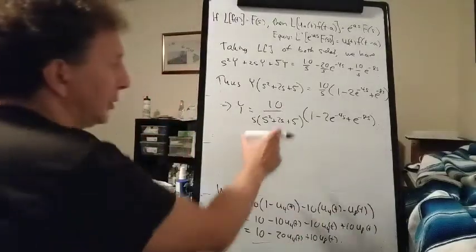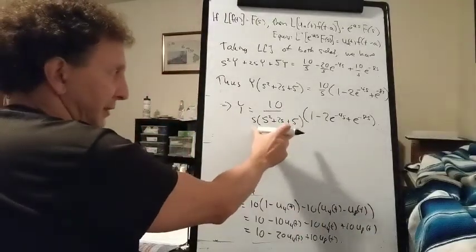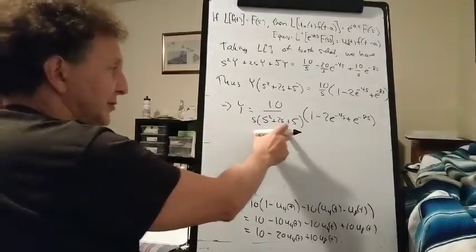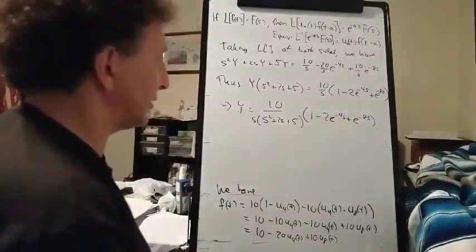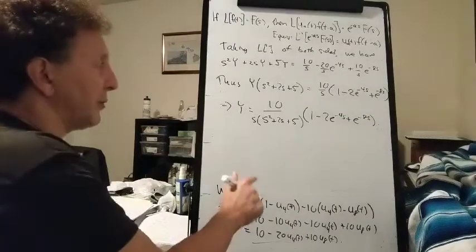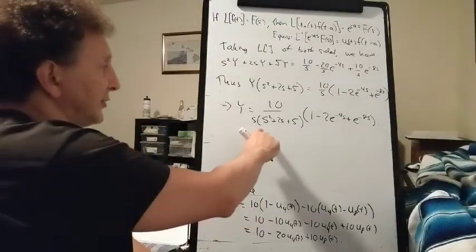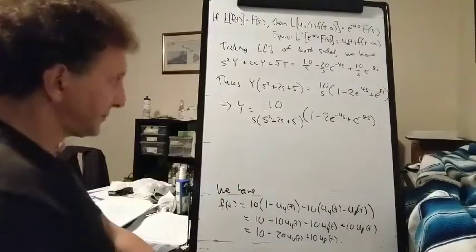Alright, so now we've got one big fraction that has s's in it and no exponentials, times a linear combination of exponentials. So for the moment we just need to focus on the inverse Laplace transform of this.